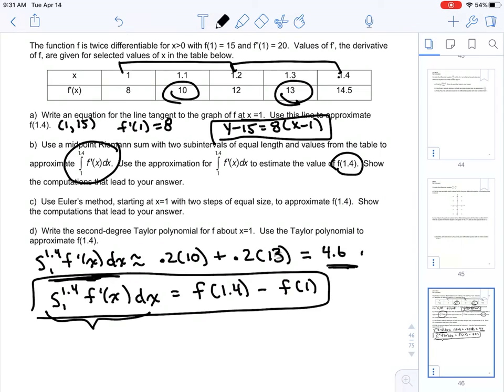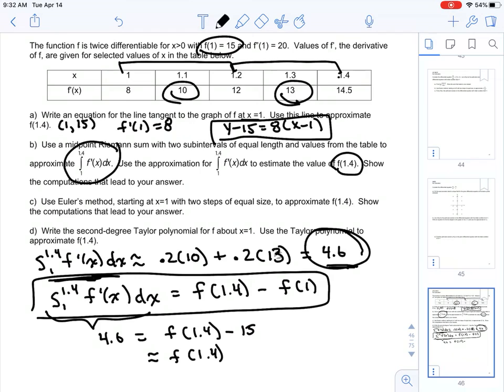And what they're saying is, this value here is this approximation. So this is 4.6. I'm looking for f of 1.4. F of 1, remember, was given here, which is 15. So f of 1.4 is approximately, really, 15 plus 4.6 is 19.6. So we're using this number here and then using this initial condition.